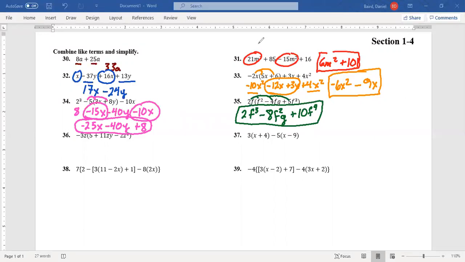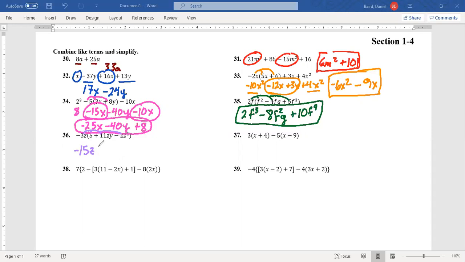Okay, let's try number 36. Negative 3z has to jump into the 5, the 11z, and the minus 2z squared. So we get negative 15z plus 33. Nope, not a plus. Let's go back on that guy.